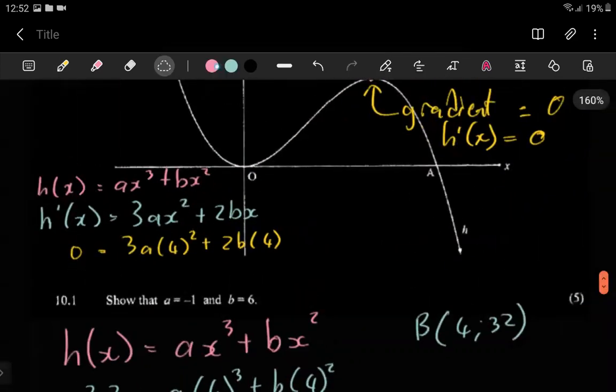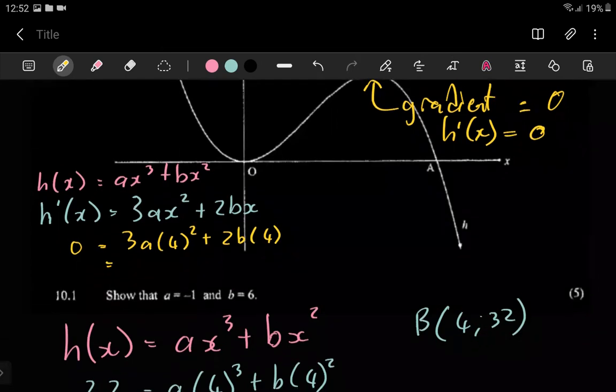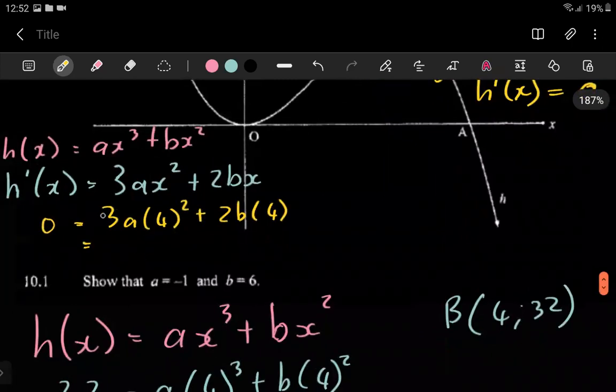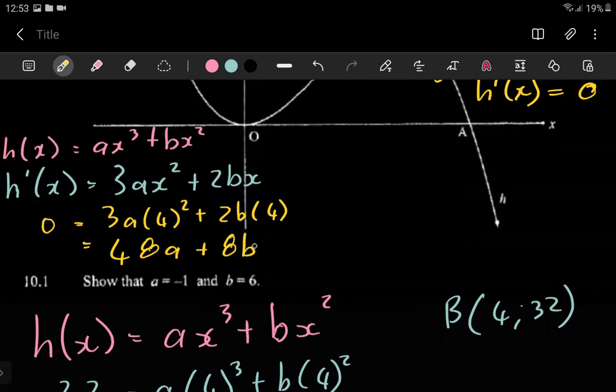So this is 16, yes. 16 times 3. What is 16? Oh, no. My brain is not working. 16 times 3. I think it's 48. Let me check. Yeah. And then here we can just take the 48 over to the other side.